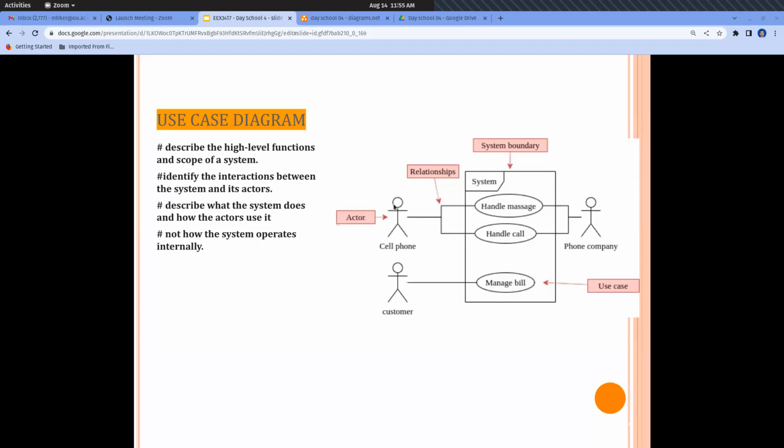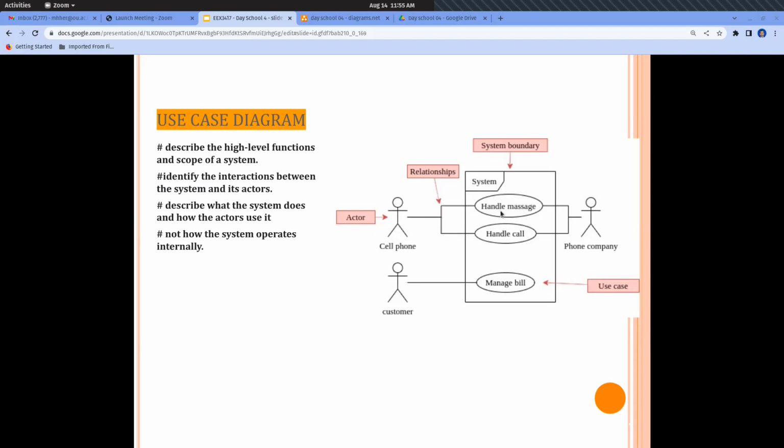An actor may be not only a person. It may be another hardware or software system also, and an external company may also be there. According to this use case diagram, the cell phone is an actor.